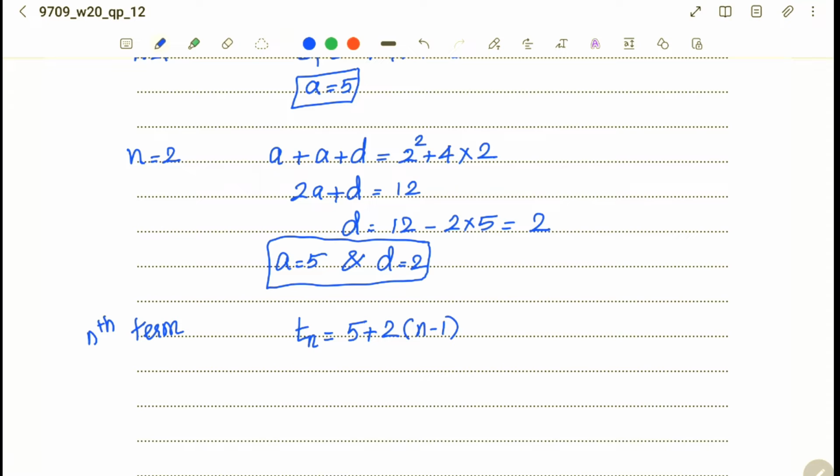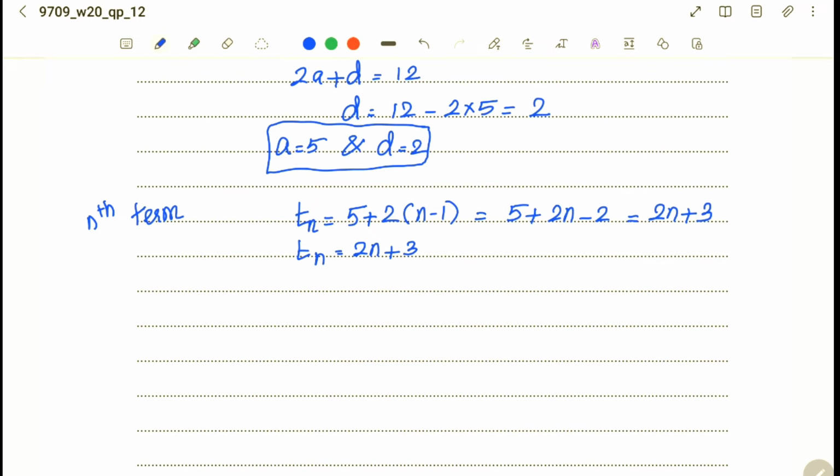Okay, let us expand this one. 5 plus 2n minus 2 is equal to 2n plus 3. This is the nth term. What is the kth term? 2k plus 3.